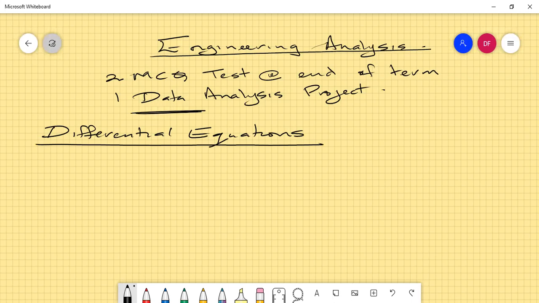So we have to be able to know how we solve using differential equations. I know that you did a differential equations course, so anything that I'm going to say now should be very familiar to you. So let me start off with a second order differential equation.